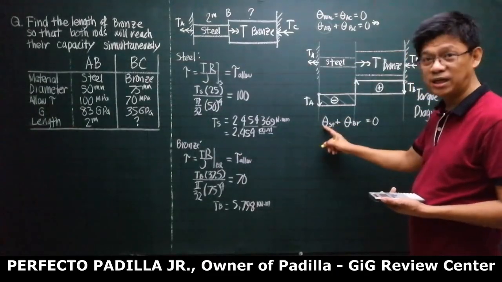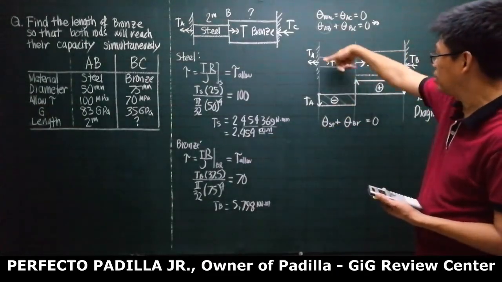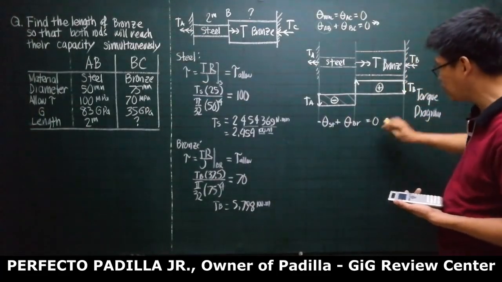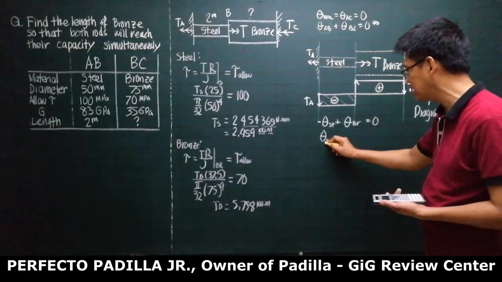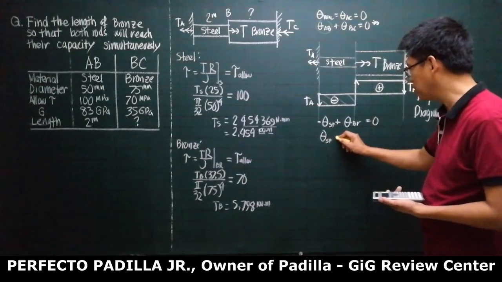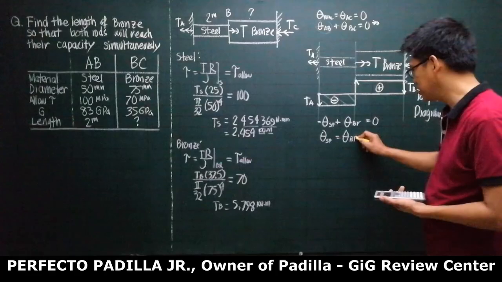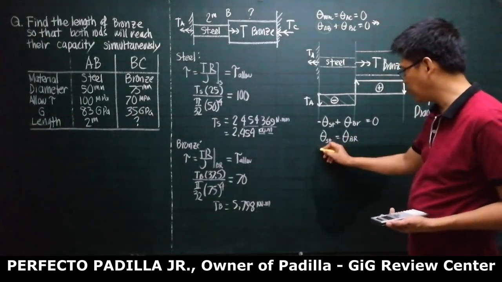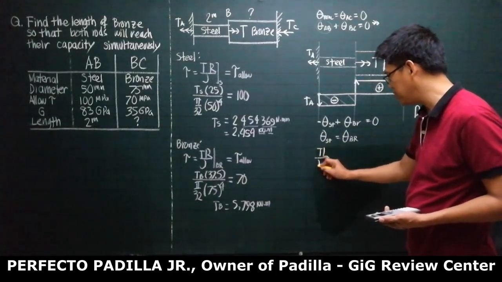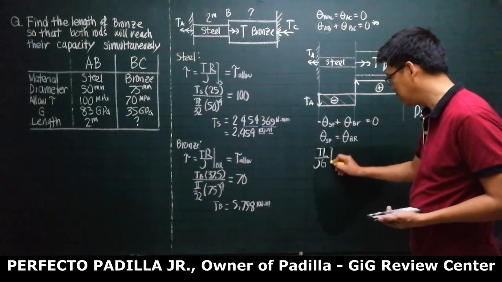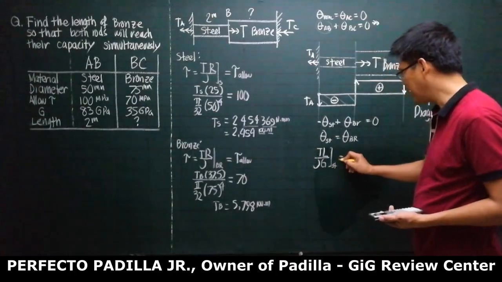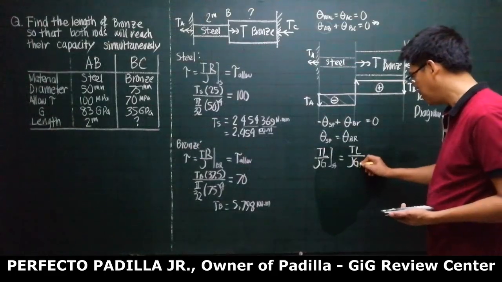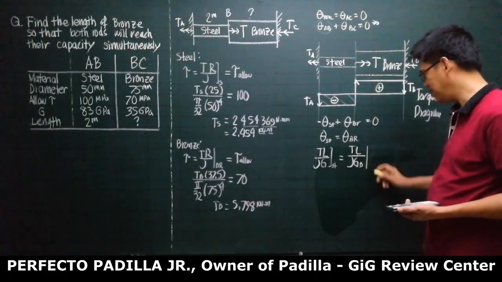But this would be negative because it is a torque to the left. So, if this is negative, you move it to the right, we will have the theta in steel equal to the theta in bronze. Okay? But what is theta? The theta in steel is equal to TL over JG in steel, while theta in bronze is TL over JG in bronze. Right? Okay?